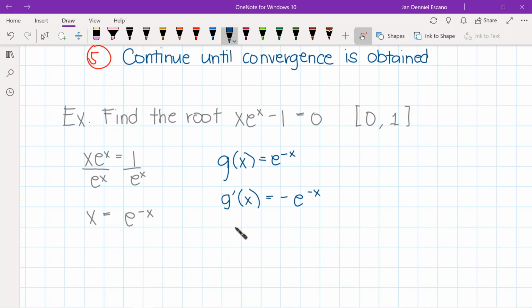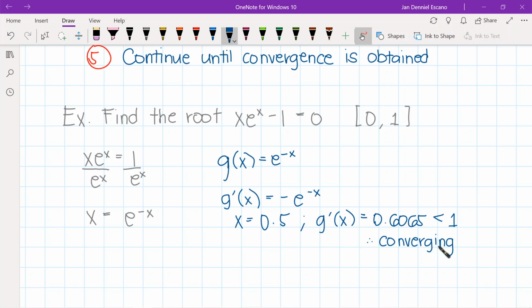And if we will substitute a value of x, wherein we can say that x is equal to 0.5, therefore g prime of x is equal to 0.6065. And based on our fixed point iteration, if this is less than 1, therefore our equation is converging. So it will lead us to the roots.